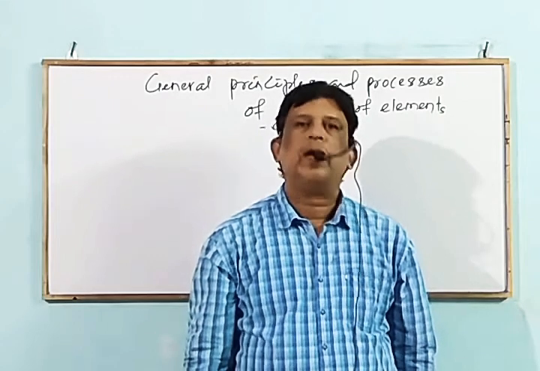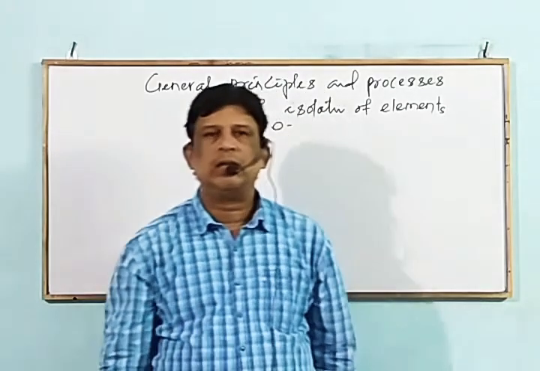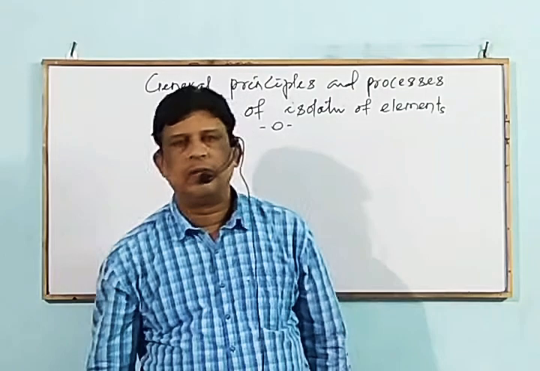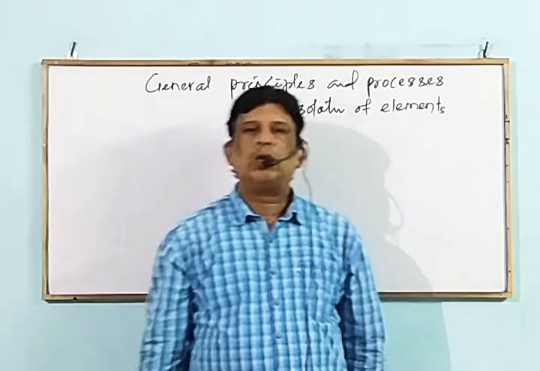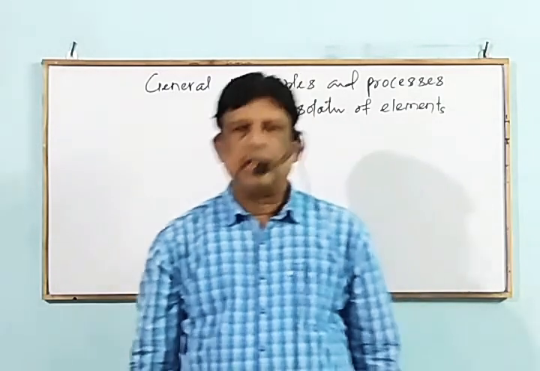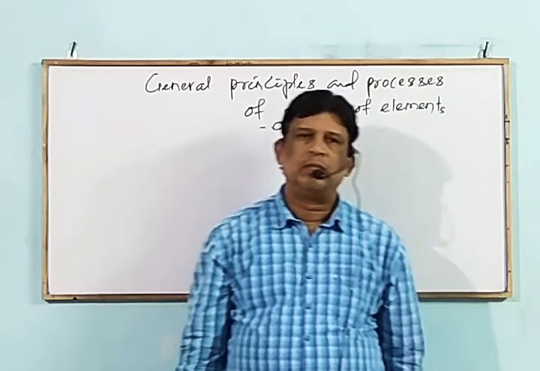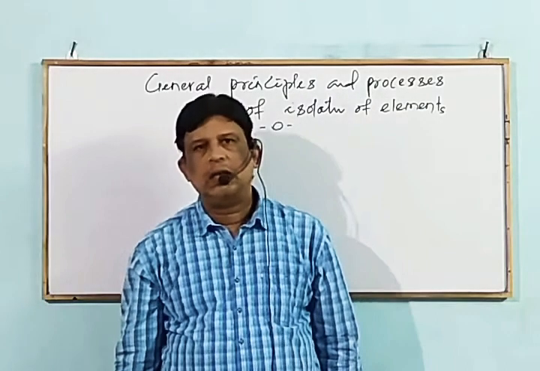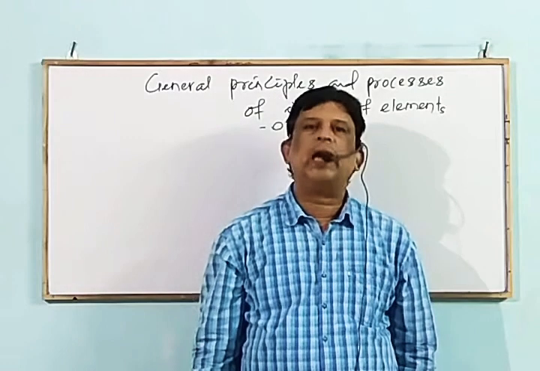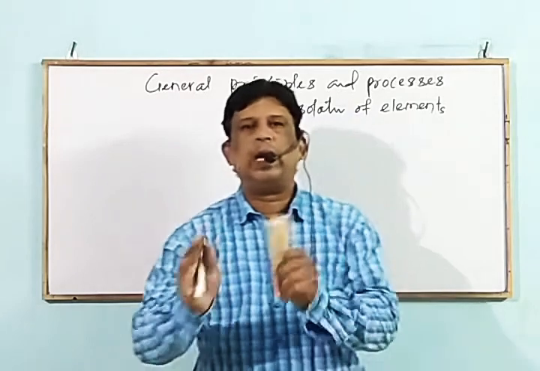These are metals, non-metals, metalloids, and noble gases. I repeat again, all the elements that we come across in our surrounding are classified into these specific 4 divisions: metals, non-metals, metalloids, and noble gases. In this chapter, we focus only on metals.